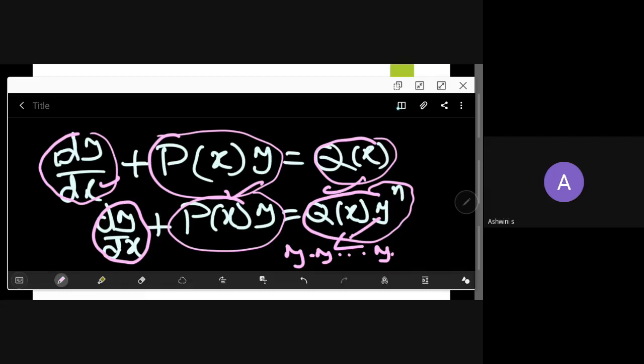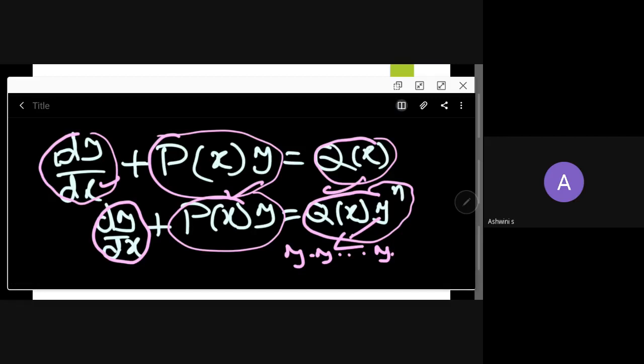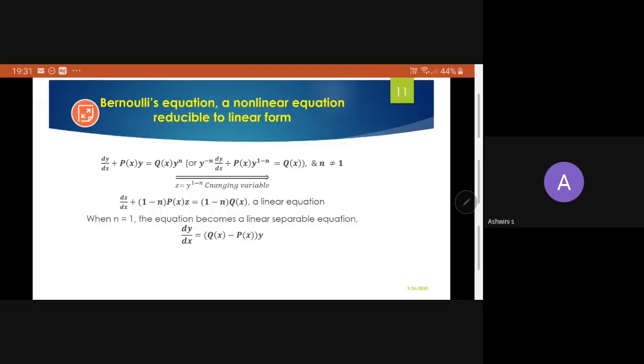To deal with this non-linear equation, one can reduce it into Leibniz form. So z is equal to y power 1 minus n. See there, I told n is not equal to 1. So n can be 2, 3, 4 like that.